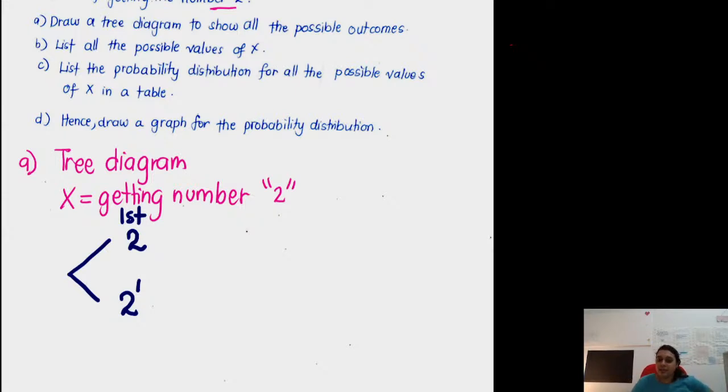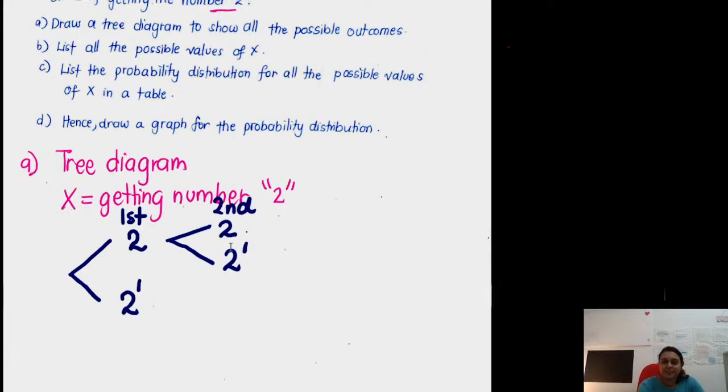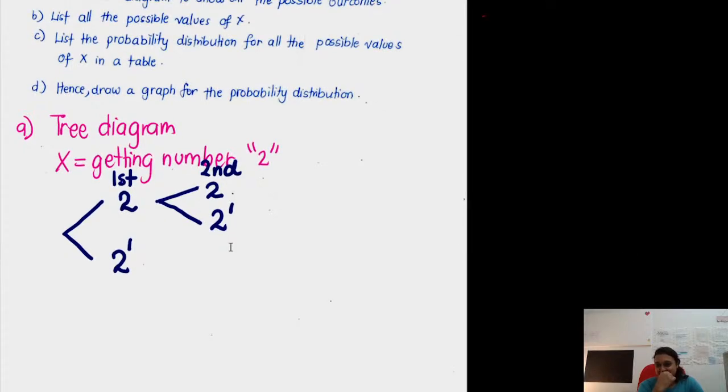Okay. Now let's look at the second toss. For the second toss, right here, second. So we can also get number 2 or we don't get the number 2. 1 plus 1. What do you mean 1 plus 1?